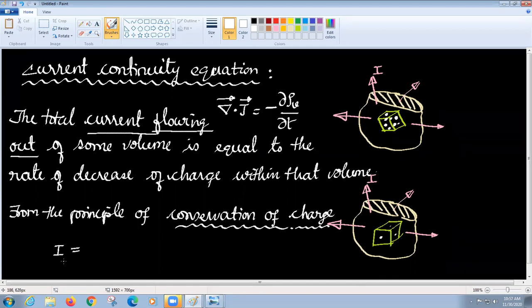Similarly, if a net current flows into the region, you know very well the charge in the volume must increase at a rate equal to the current. Therefore, we can write the current through a closed surface.